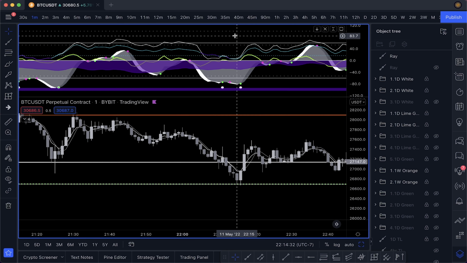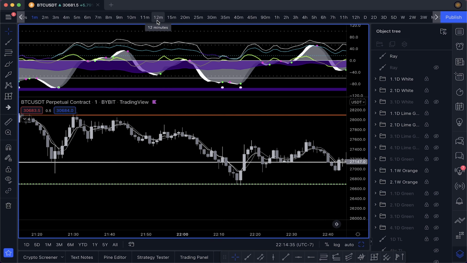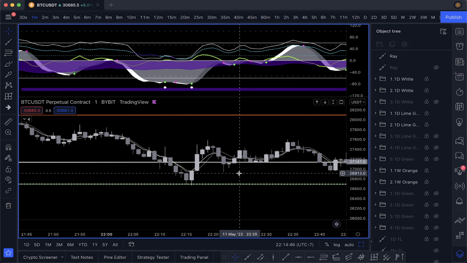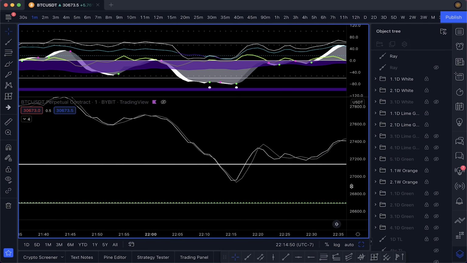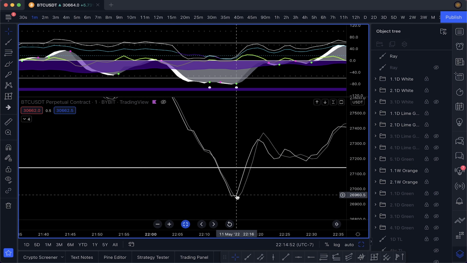So basically, once Bitcoin comes down here, you're going to wait for the 12-minute and the 6-minute to be coming up, your momentum. And also your 5 EMA needs to cross up here, okay, on the 1 minute.